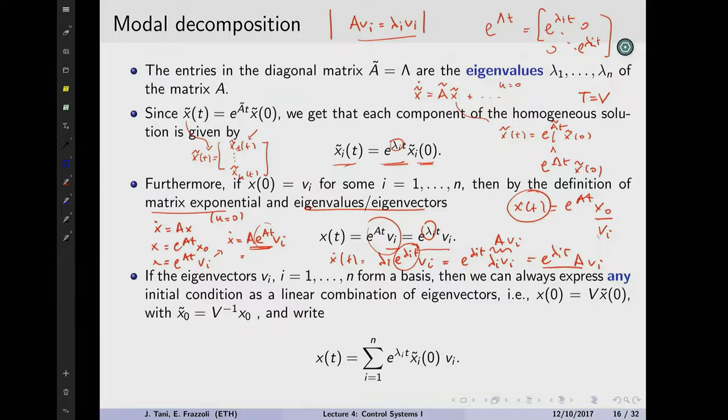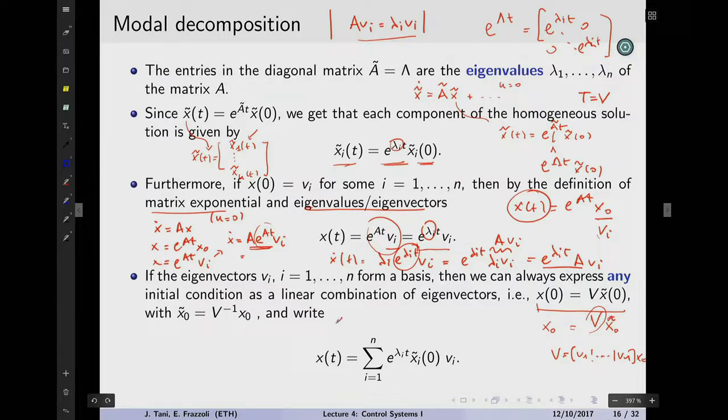So basically what we're saying is that any initial condition can always be expressed as some combination, remember B is B1 to Bn, of some initial conditions that are in a different, modal, representation, okay?